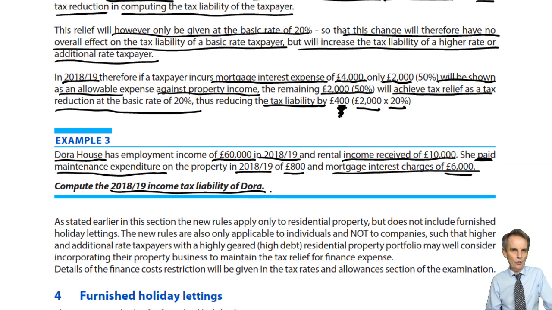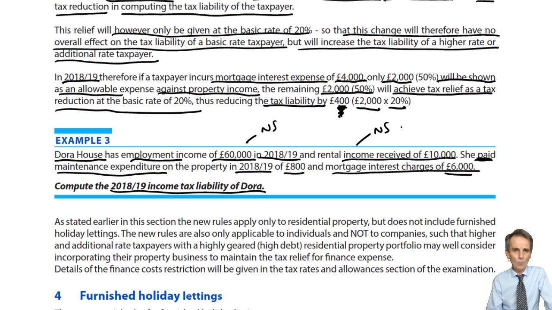So what we can see, there are two sources of non-savings income. Our employment income there, that's non-savings, and then rental, our property income, is also non-savings. We know what the employment income is, it's £60,000.